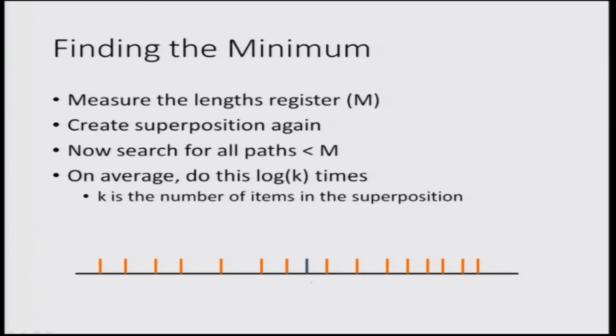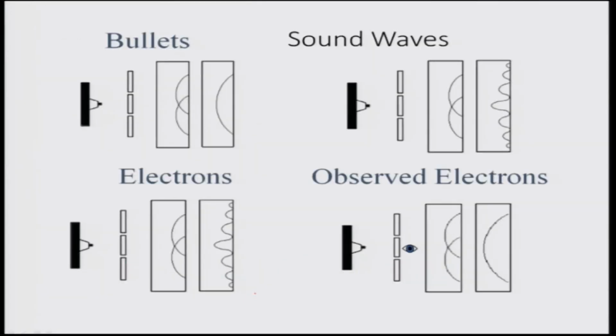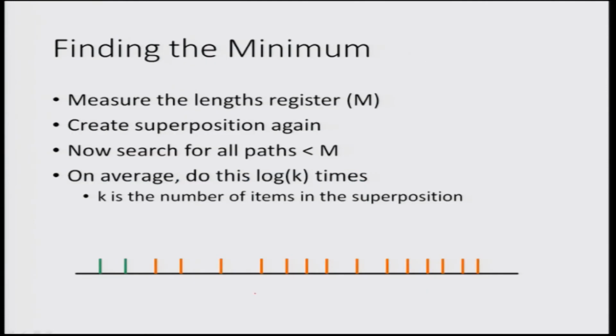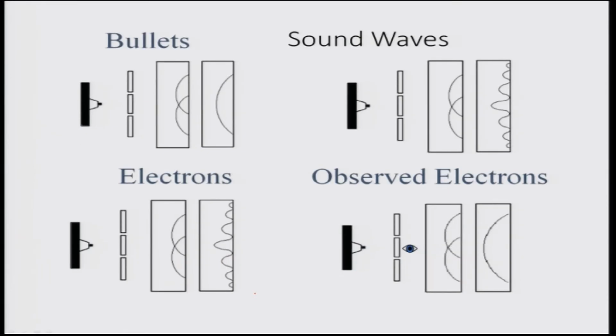We go through iteration 1, then the second time we make the flip, and so the point about the average keeps on moving, and then finally we are able to go through this entire step. So, we can do this on an average log of k times, where k is the number of items in the superposition.